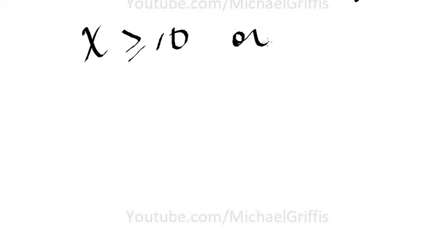We got time for another one? Yeah, we got time for another one. Let's take a look at this one here real quick. X is greater than 10, or x is less than 0.